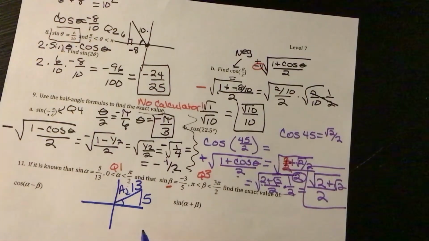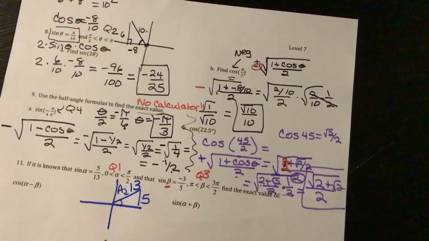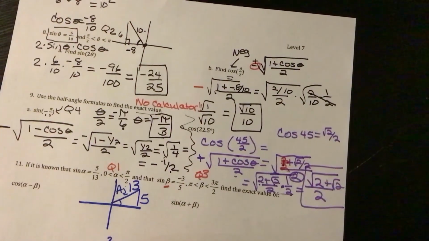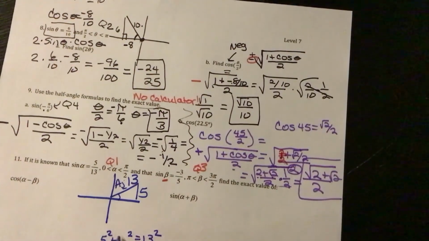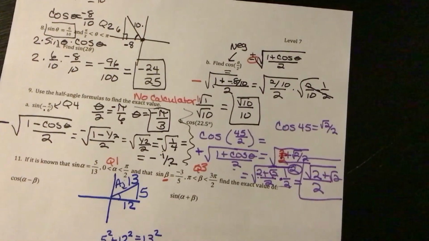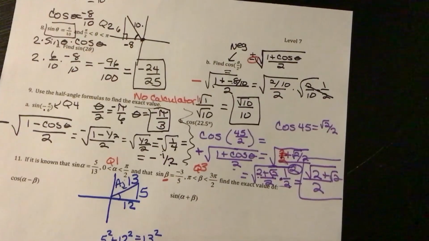And I need to do the Pythagorean theorem. So 5 squared plus what number squared is 13 squared? And that would be 12. And I just know that. This is 169 minus 25 is 144, and that is 12 squared.